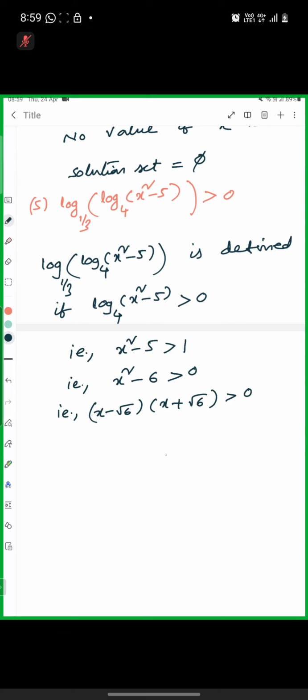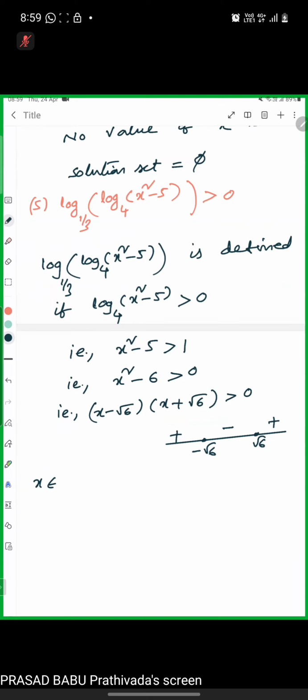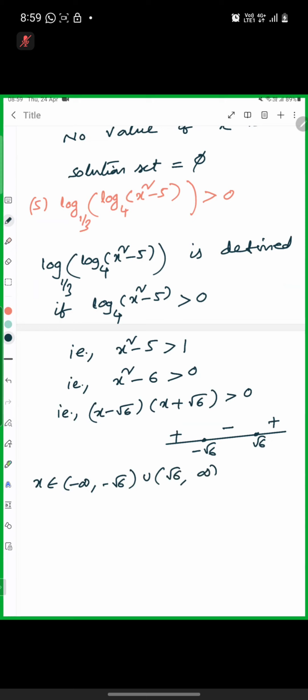Now using the wavy curve, what are the x values? Minus root 6 and root 6, with signs plus, minus, plus. The x values satisfying this inequality are minus infinity to minus root 6 union root 6 to infinity. Take it as 1. So this logarithmic function is defined for these x values.